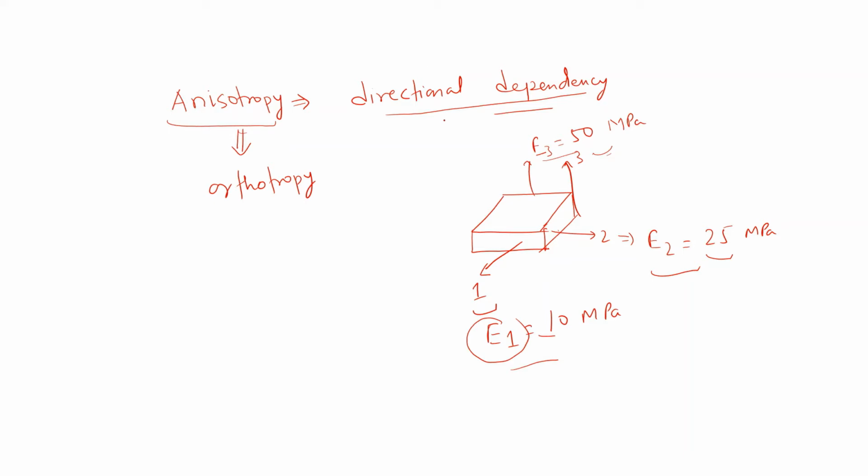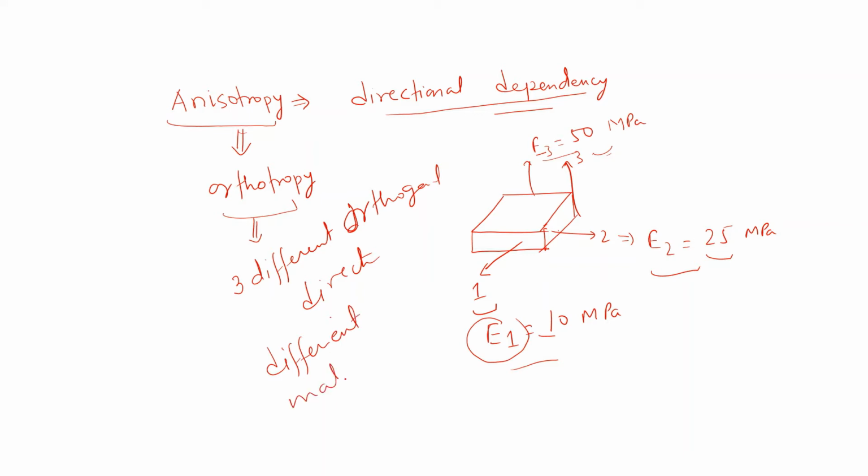So the directional dependency of the material is called anisotropy, and the subset of anisotropy where in three different orthogonal directions the material properties are changing is called orthotropy. It should be noted that if we get different properties in all three directions, then it is called orthotropy, not the same property, different properties in all three orthogonal directions. That is orthotropy.